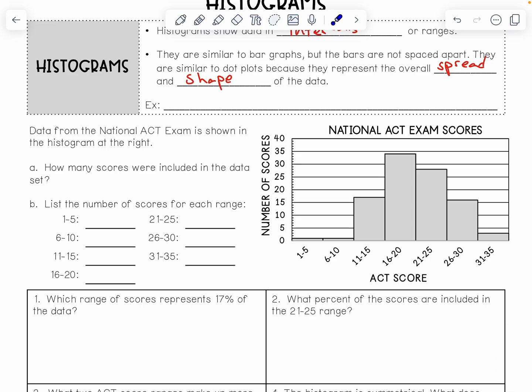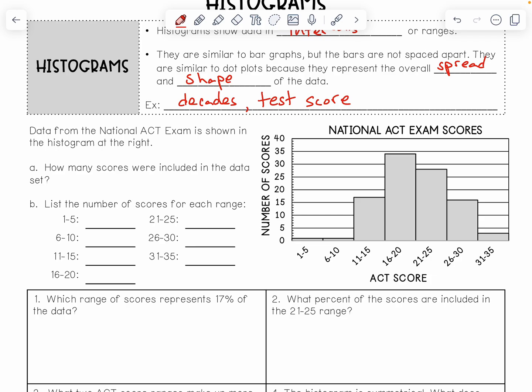So, for example, what kind of intervals are we talking about? Intervals sometimes could be decades, like a grouping of years: the 90s, the 2000s, the 2010s, the 2020s. They could be test scores or grades. For example, people who score in the 80s have a B. People who score in the 90s have an A. People who score in the 70s have a C. So that could be a kind of interval.